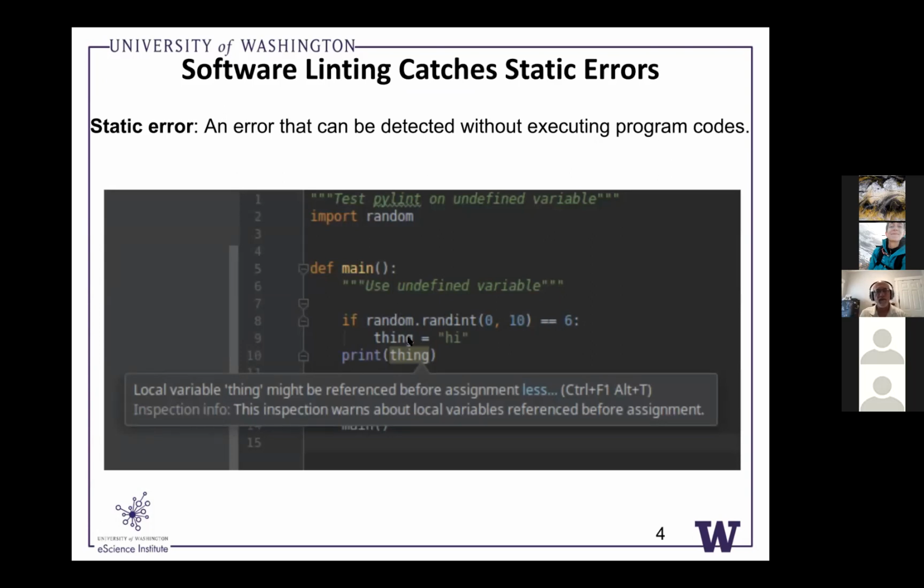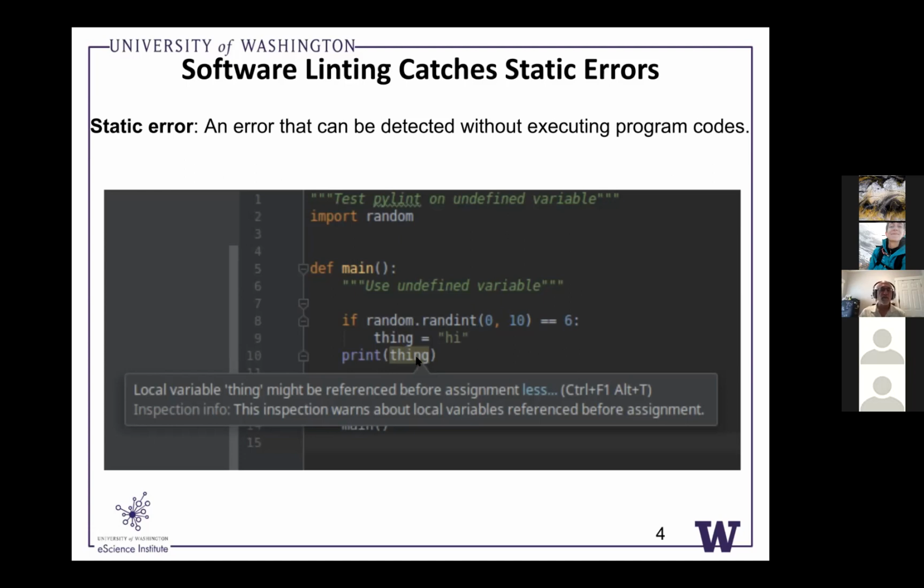This is just sample code to illustrate a point. So if this test is true, you'll assign a value to this variable they called thing. However, if the test is not true, you did not assign a value to this variable. And in which case, when you got down to here and print this variable, it would be undefined.